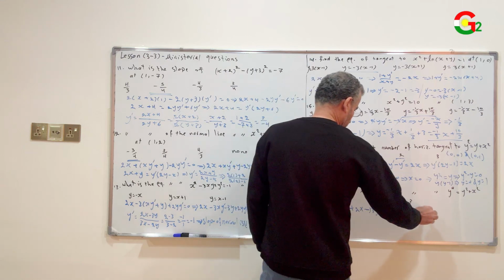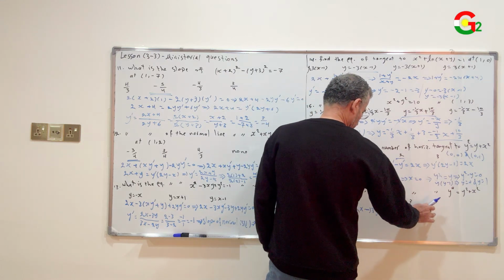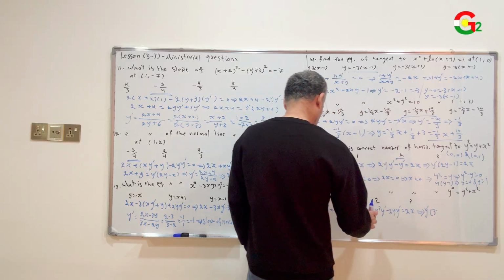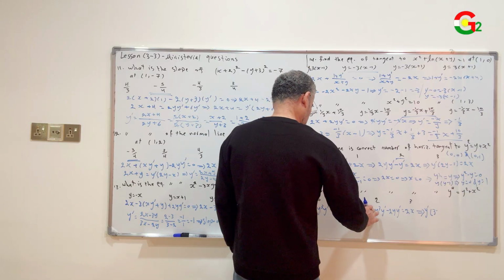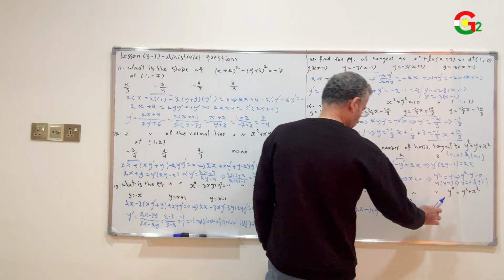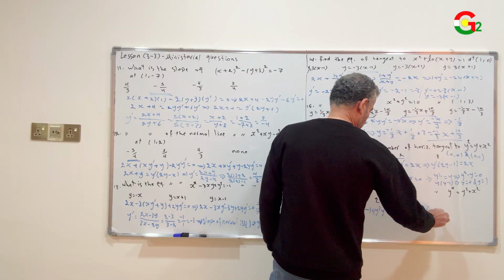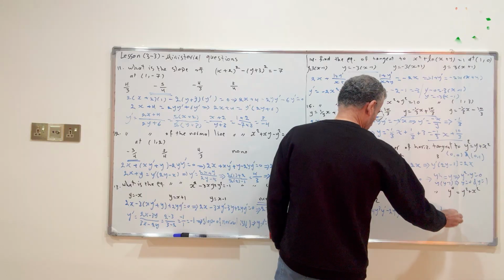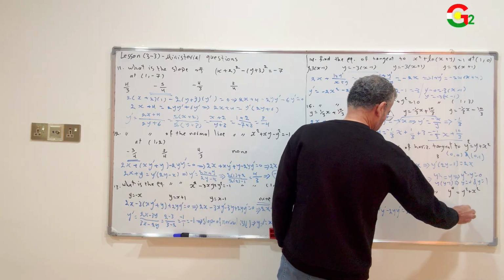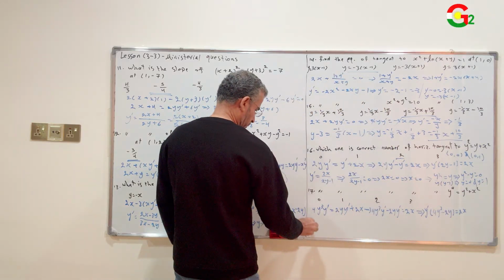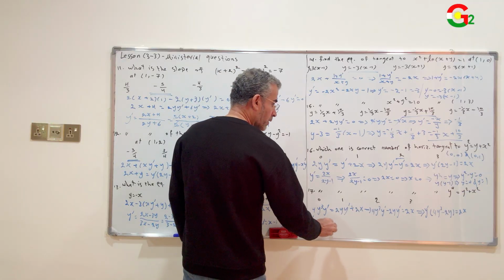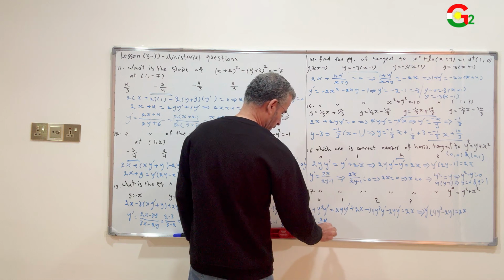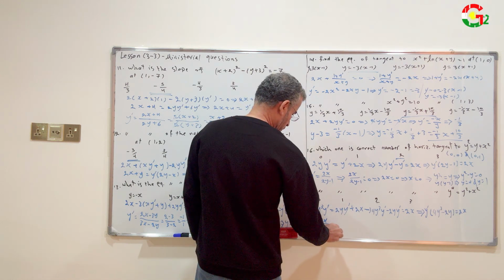Then factorize by y prime: (4y power 3 minus 2y) equals 2x. Then y prime equals 2x over 4y power 3 minus 2y.